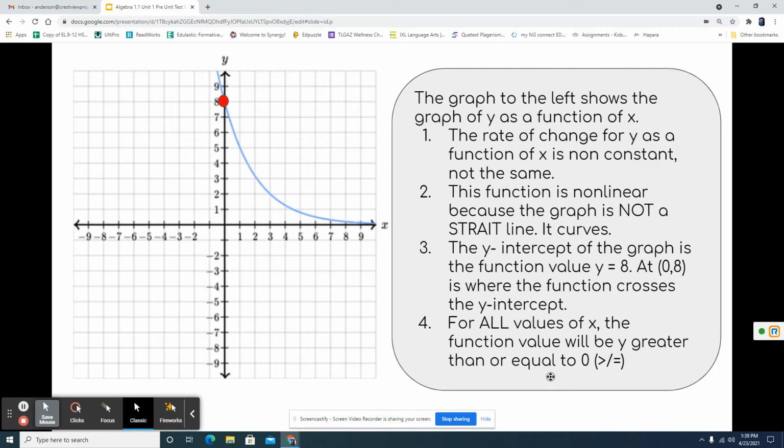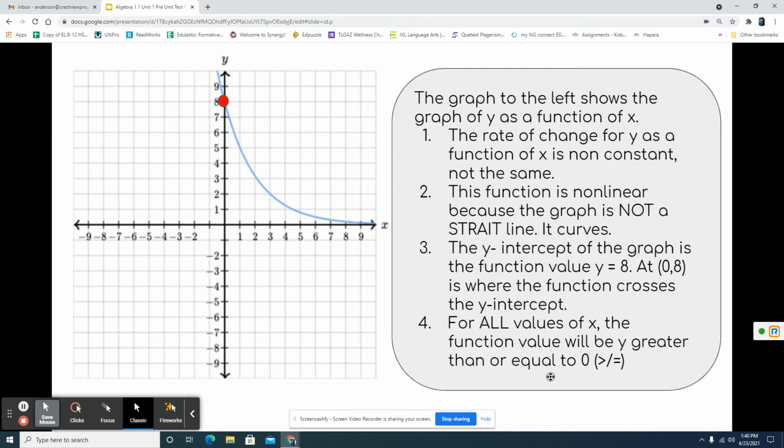So here are two things to know. If your rate of change for y as a function of x is non-constant, meaning it's not the same, it's going to be nonlinear. And it's nonlinear because, as you can see, it curves. It's not a straight line.